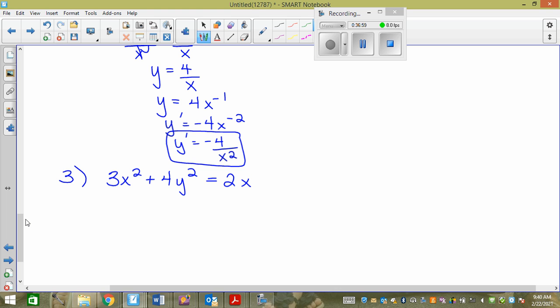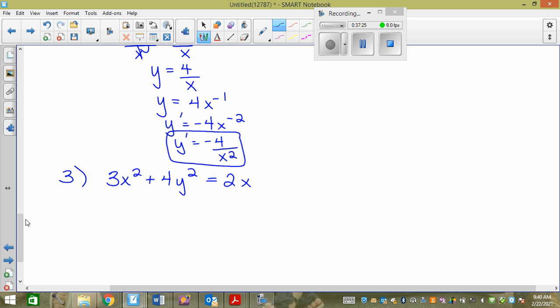Technically, people could fight me and say yes, but it's a y squared, right? So I would have to subtract the 3x squared over, divide by 4, then take the square root. So I would have a chain rule with a quotient rule embedded in it, right? So in this case, when it's not just a single y, we just do implicit, because it actually is faster. When it's a single y by itself, it is faster to get it by itself, but this isn't going to be.